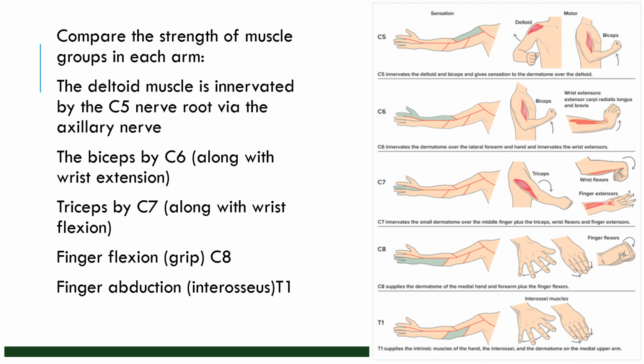So the deltoid muscle is innervated by C5, the biceps by C6, the triceps by C7, finger flexion by C8, and finger abduction by T1. So chicken wings for deltoid, flexion for biceps, extension for triceps, grip for finger flexion, and finger abduction to check the interosseous and T1 muscles.